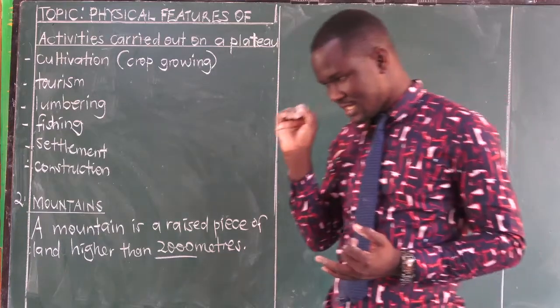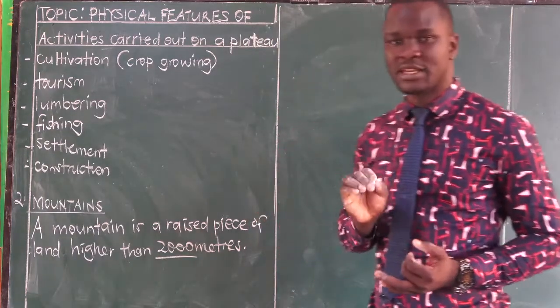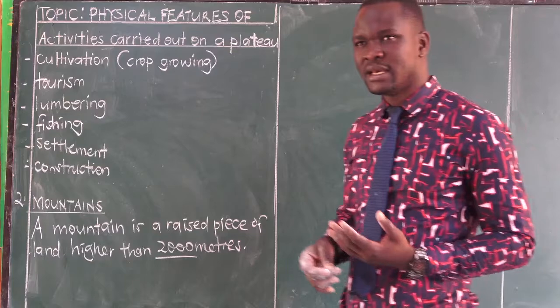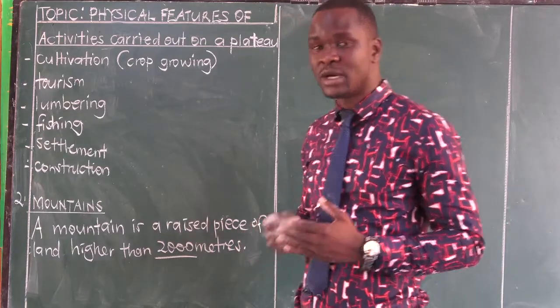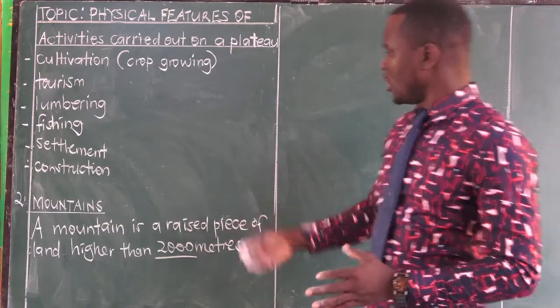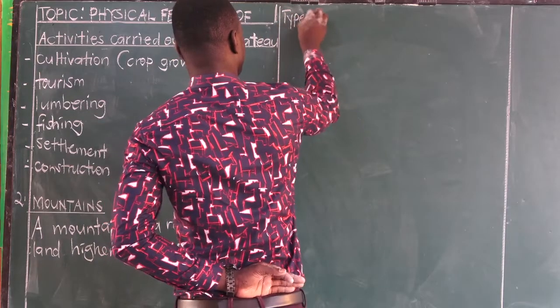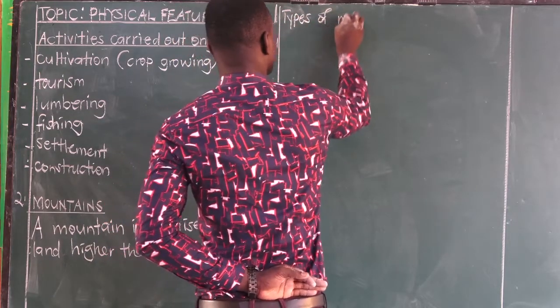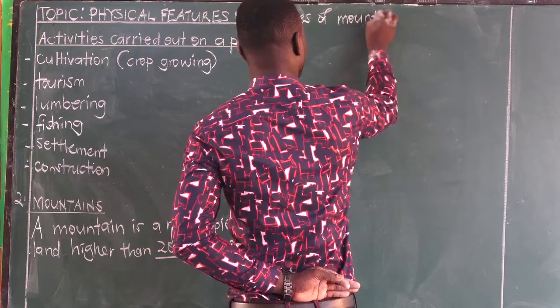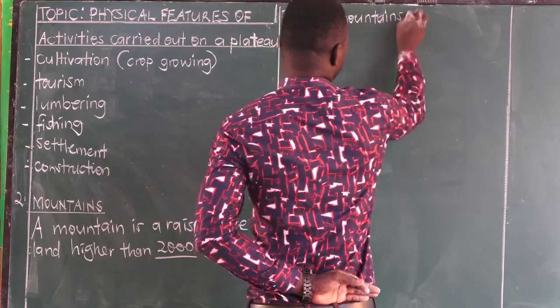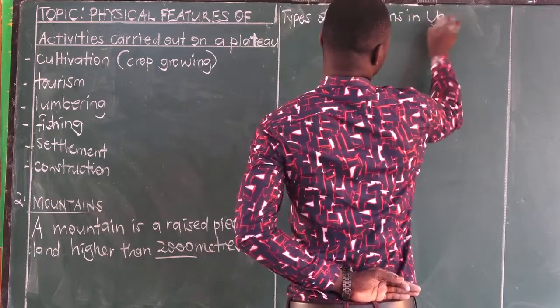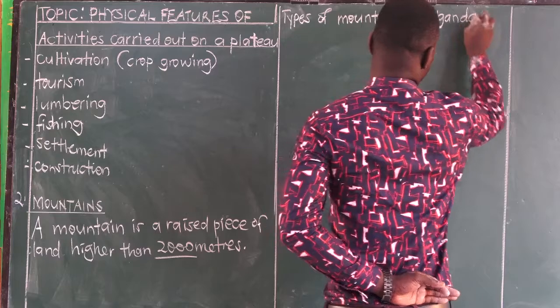When you see type, you need to first pause and think properly. Which are the types and which ones are the examples? So we have types of mountains in Uganda.